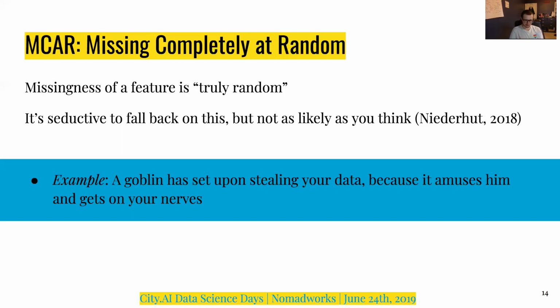So an example when you might run into this is, what if a goblin has set upon stealing your data strictly for his amusement and strictly because it gets on your nerves, right? That's going to be the ideal, missing completely at random case, the ideal MCAR case.